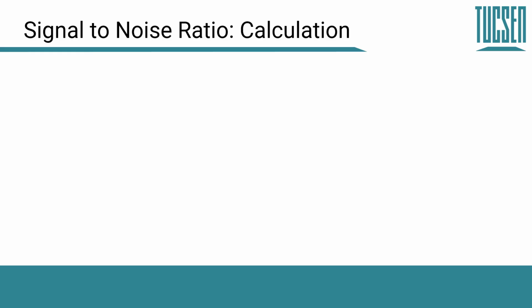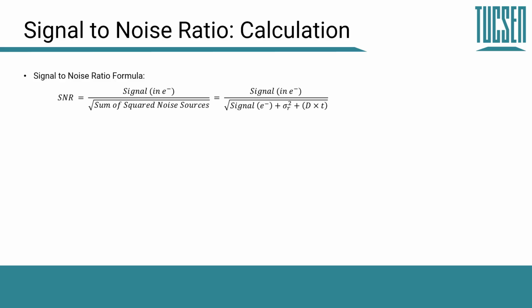So with all of that said, how do we calculate signal-to-noise ratio? Here's the formula. Our signal-to-noise ratio is given by our signal divided by our noise. Two things to note here: first, our signal is in photoelectrons, as I'd mentioned. That's very, very important.